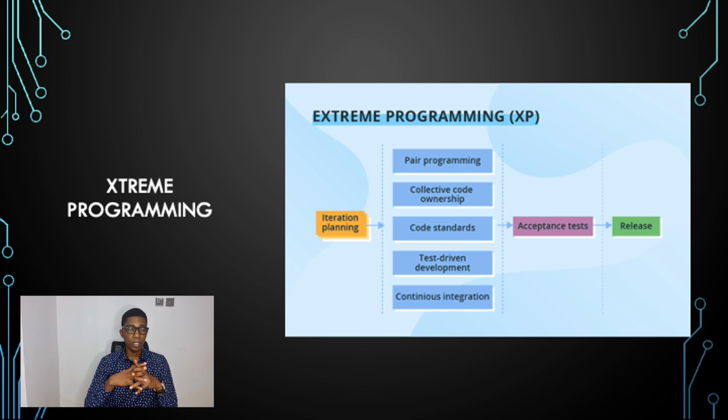So in extreme programming, they release software in small releases, using a lot of test automation and CI/CD to ensure that these small releases are working up to date, and there are fewer issues associated with these releases. So that's it for extreme programming.